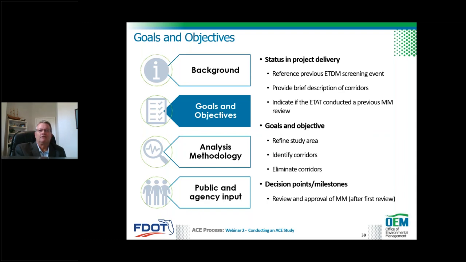So now we're starting to get into the meat of it. When you're in your goals and objectives section, this is where you're establishing some of the analysis methodology and the framework, some of your key decision points that you anticipate that are then going to help you to establish a public and agency engagement strategy. A quick mention of project status is appropriate. In other words, where do things lie with previous studies or any previous ETAT reviews?